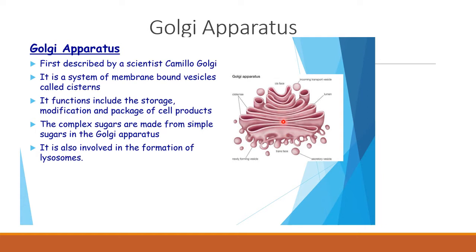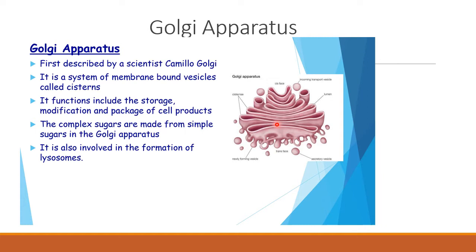Now, where is the Golgi apparatus present? It is present near the nucleus in animal cells. But in plant cells, it is distributed freely as small units and they are termed dictyosomes. So in plant cells, what is the name of the Golgi apparatus?